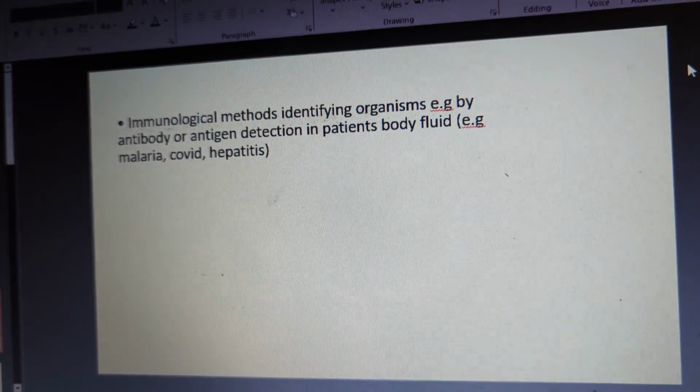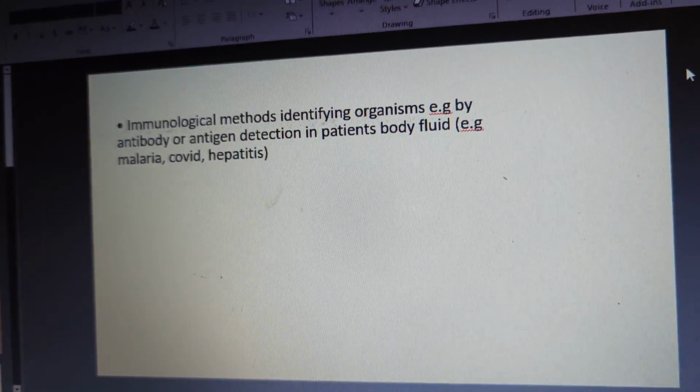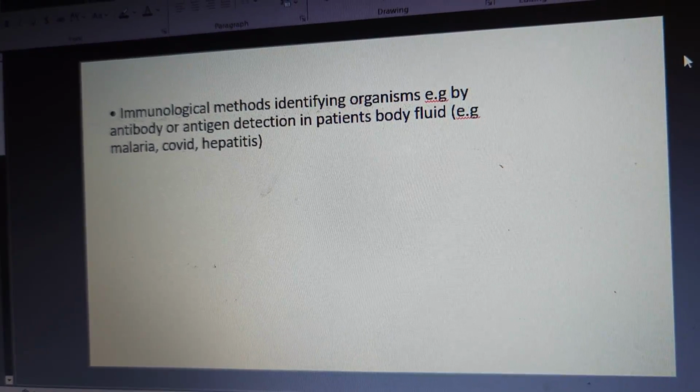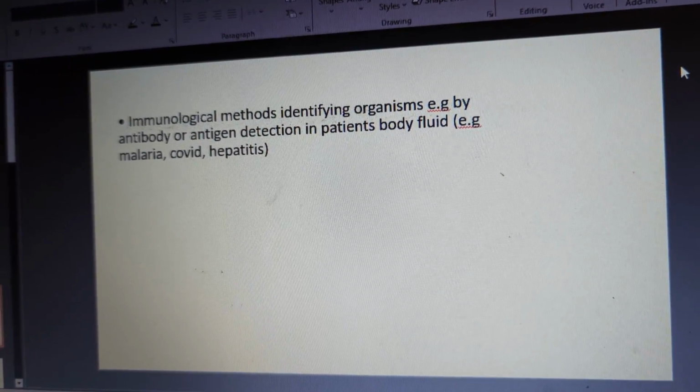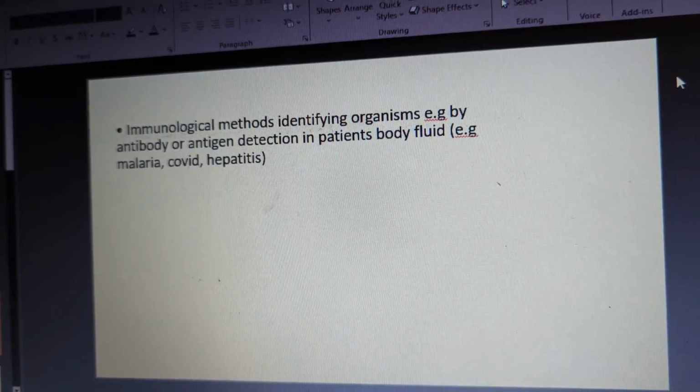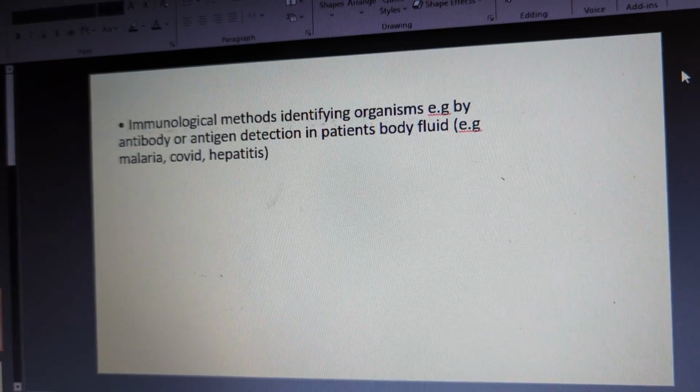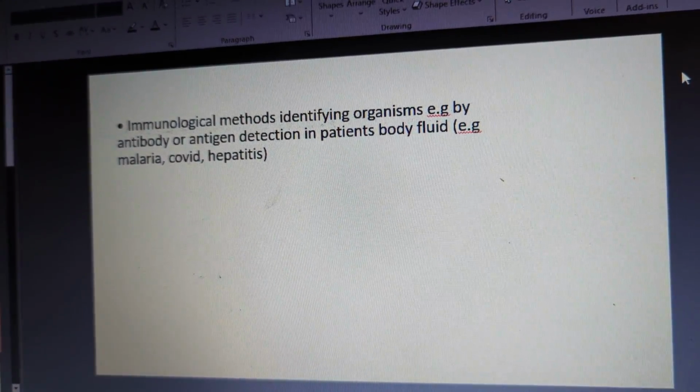And then the other method is the immunological methods, where, for example, you're detecting your antigen or antibody in the patient sample.